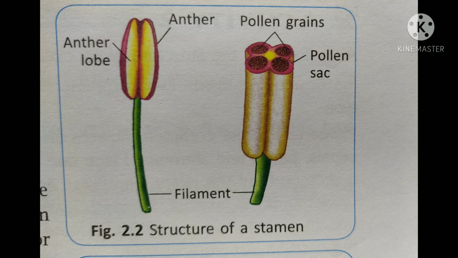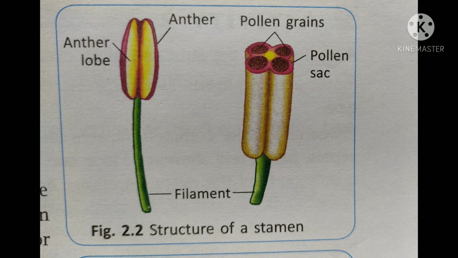Now here you can see in the structure of stamen that it has two parts. A thread-like filament, and a sac-like structure at the top of the filament, which is known as anther. The anther is bilobed. Each lobe of the anther contains two pollen sacs, and in the pollen sacs there are pollen grains.